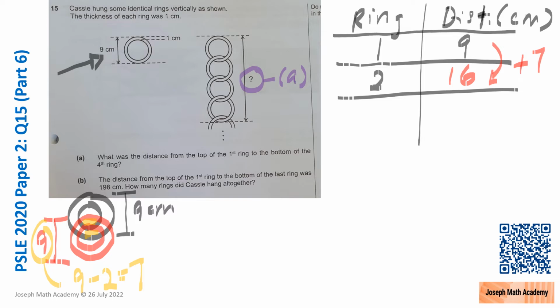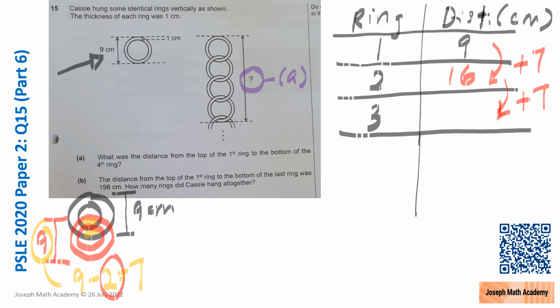Now how about the third ring? It will be the same pattern. There will be overlapping of 2 cm, meaning we only add 7. The 2 cm is the overlapping part. That means when we add another ring to the previous ring, we only add not 9 but 7.